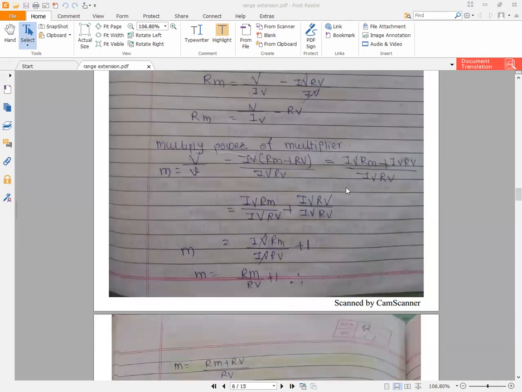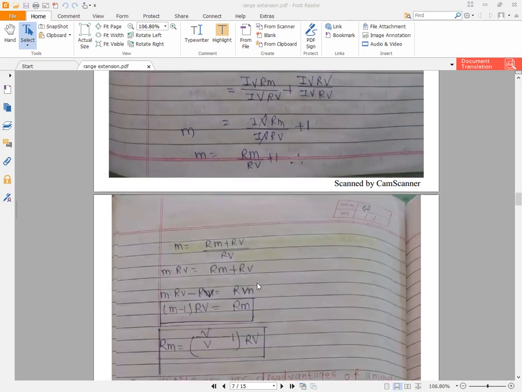Simply here we can see these are both the same terms that will get cancelled, remaining 1. So M equals Iv Rm upon Iv Rv plus 1. This Iv and Iv will get cancelled, only remaining Rm upon Rv plus 1. So M equals Rm upon Rv plus 1.